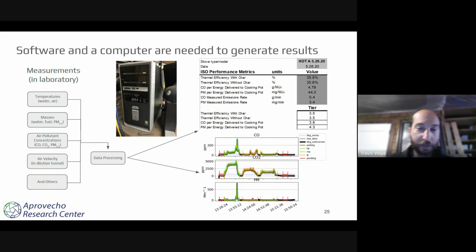Once our data has been gathered and validated, a computer gets used to generate all of the final metrics and results.